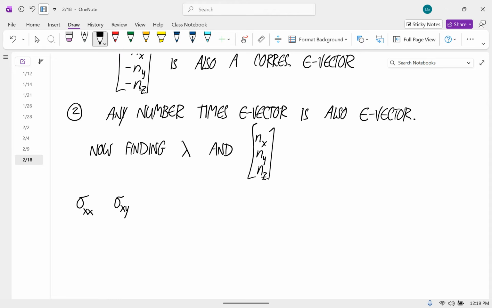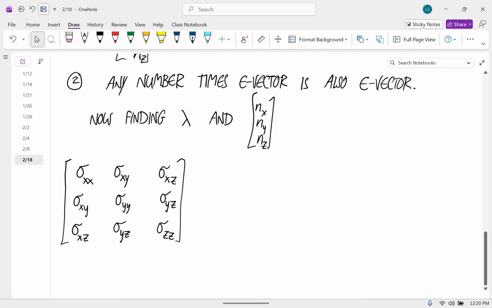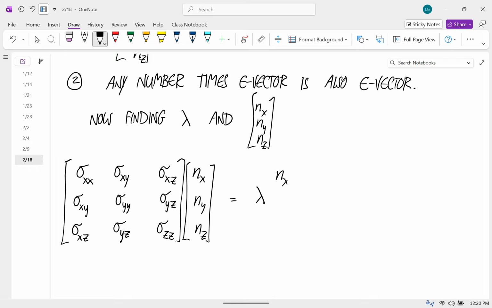Sigma xx, xy, xz, xy, yy, yz, xz, yz, zz, and we're going to multiply it by nx, ny, and nz. And we're going to set that equal to a number, lambda, times nx, ny, and nz.